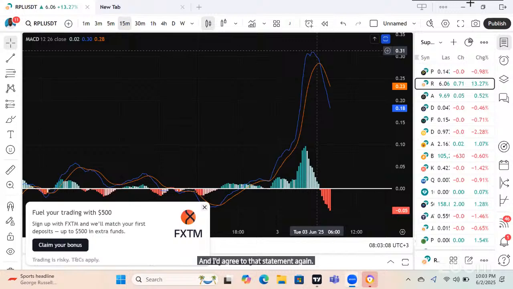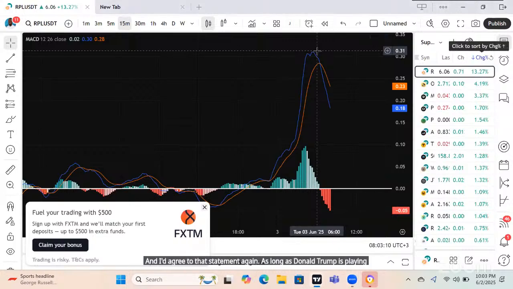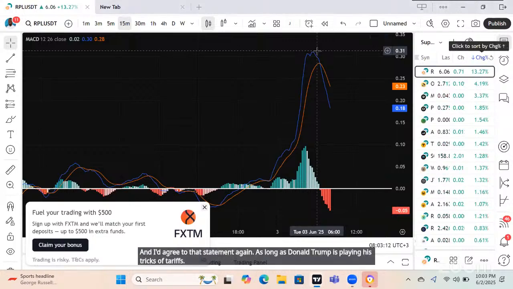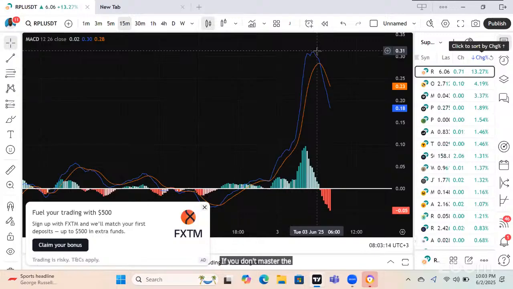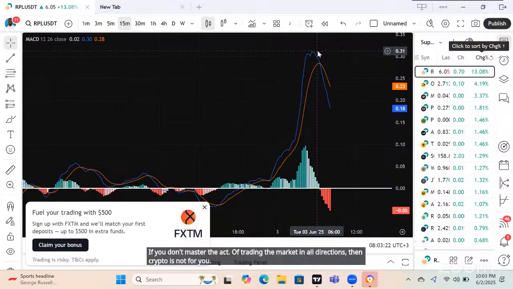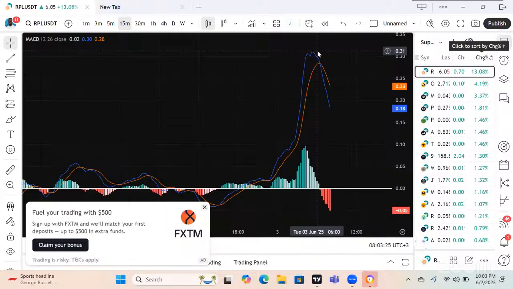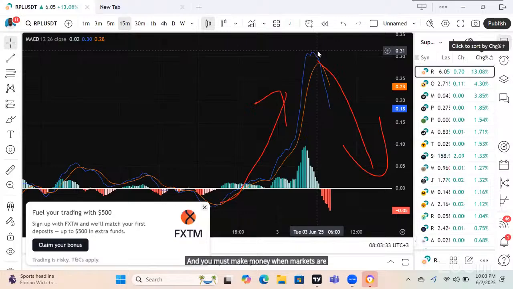As long as Donald Trump is playing his tricks of tariffs, if you don't master the art of trading the market in all directions, then crypto is not for you. You must be able to make money as markets are going up, and you must make money when markets are coming down. As simple as that.